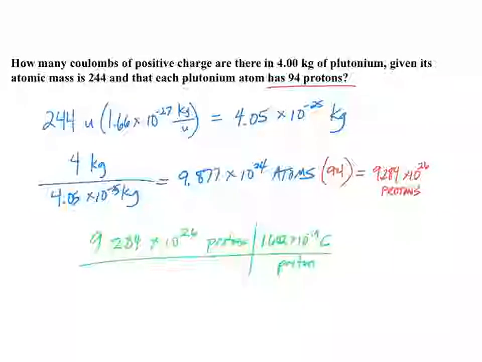So protons and electrons have the same fundamental charge. This boils down to a lot of coulombs: 1.487 times 10 to the 8 coulombs. That's roughly 100 million coulombs, so we have 1.5 of those 100 million coulombs.